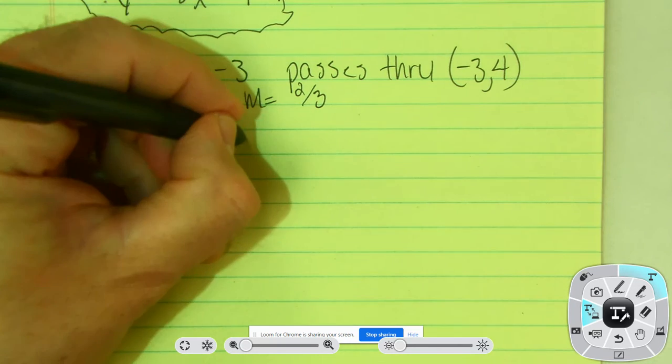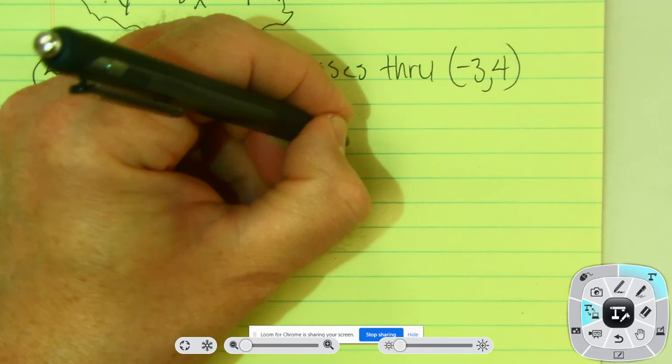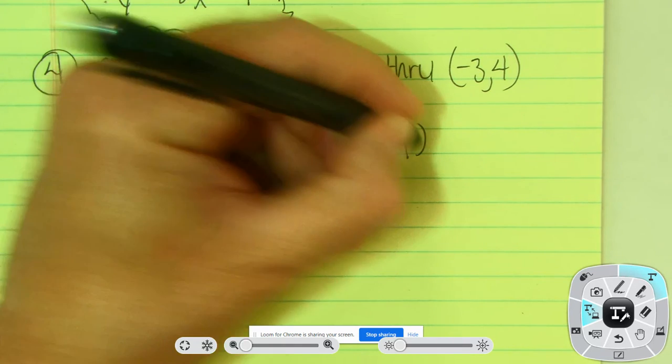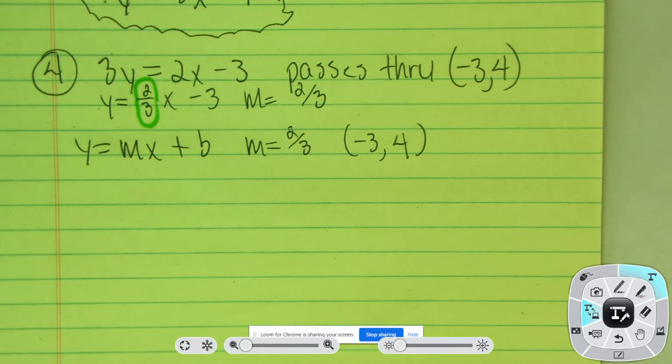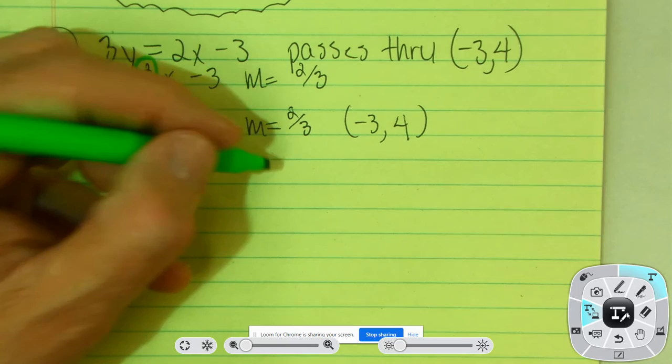I know I've got a slope that is 2/3, and I want it to pass through this point, -3 and 4.